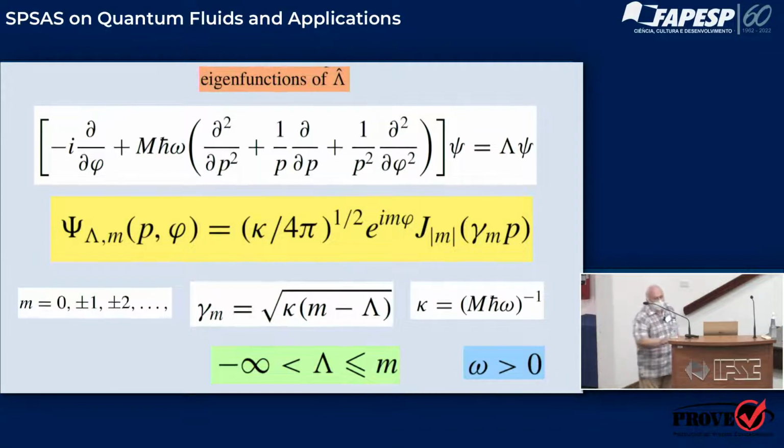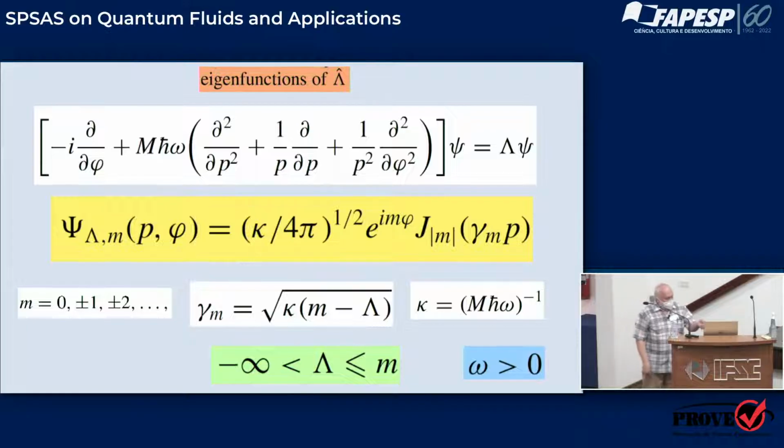And we immediately have a solution in terms of Bessel functions and the standard exponential e^{imφ}. But the coefficient is very interesting: gamma is the square root of some parameter kappa and this difference, m, the quantum number, which can be positive and negative, minus lambda, the eigenvalue. And this gamma must be real. If it is not real, then this function will grow to infinity, and the function will not be normalized. This is a very important restriction, that lambda must be not more than m.